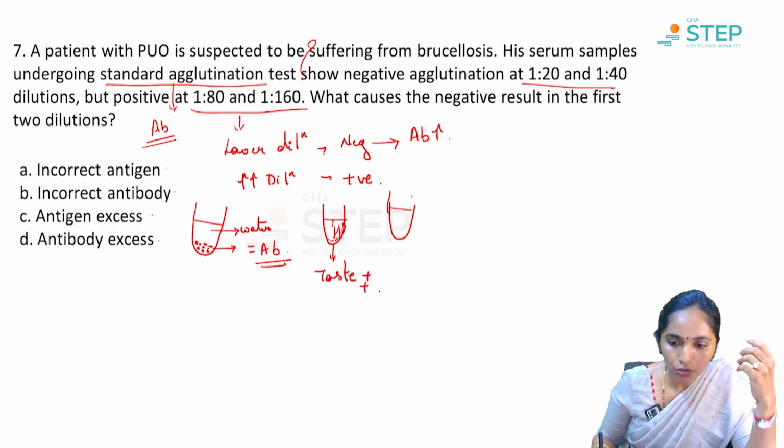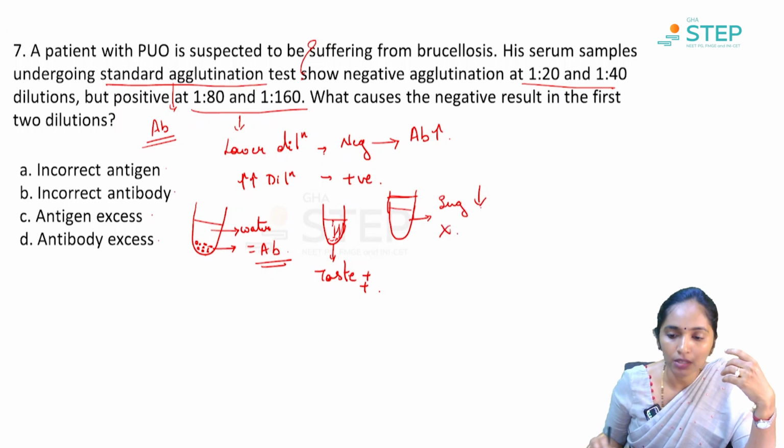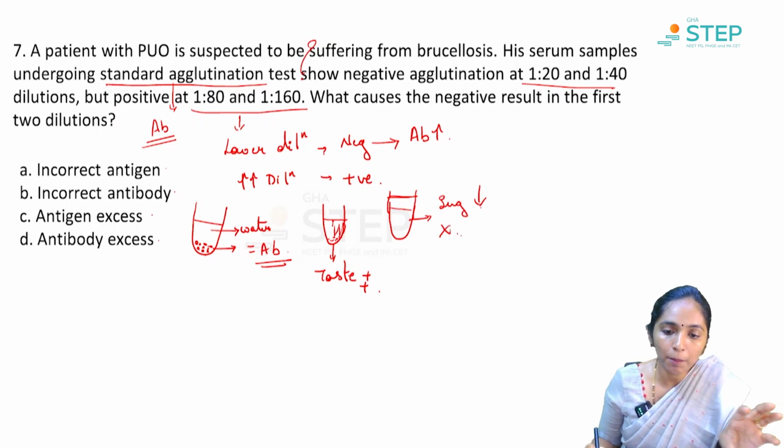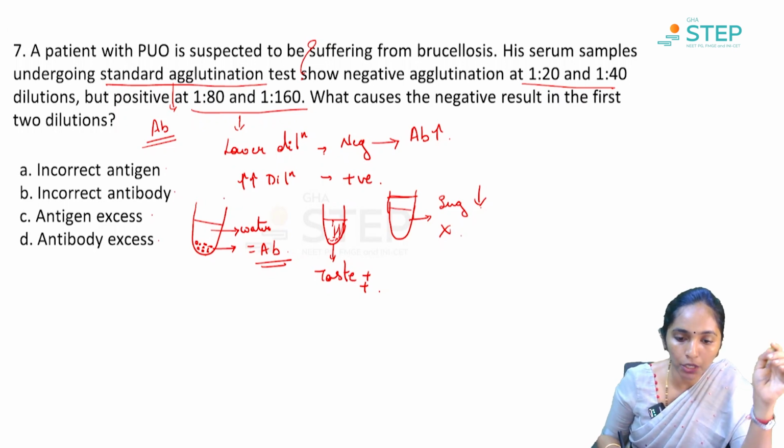Whereas let me add some more water to it, and now the sugar content has decreased so much that it is not at all tasty. Water is more. So let us compare this to the antigen and antibody quantity.